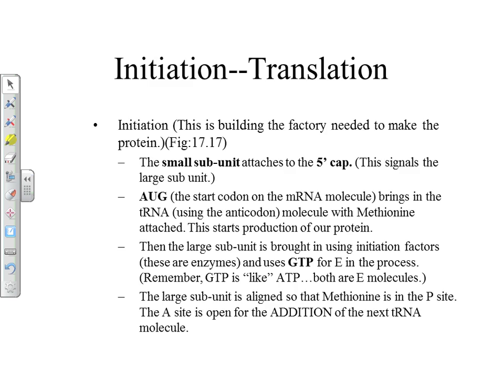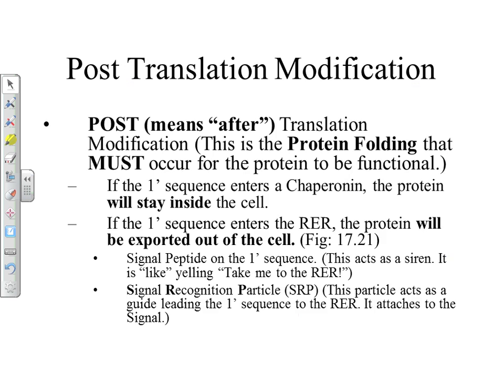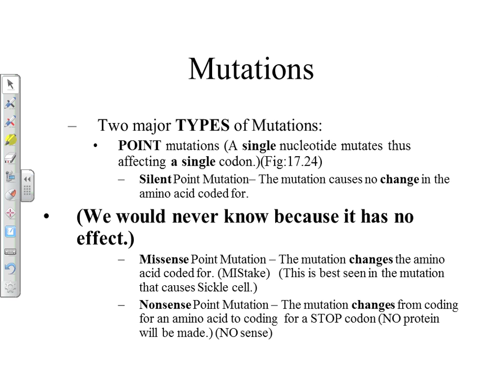And that's usually not a good thing, right? That kind of mutation is also called a point mutation, but it's called a missense point mutation. Missense. What does miss mean? Like mistake. You did something wrong. You get the wrong amino acid.